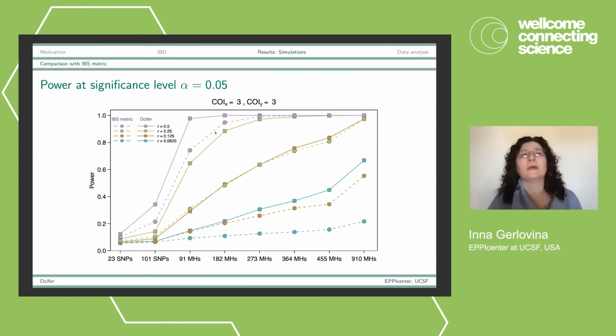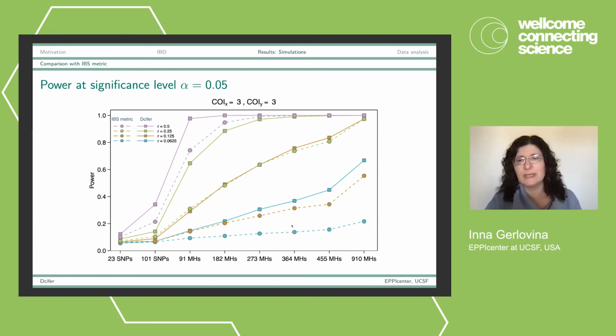Okay, and now we compare the power at a given false positive rate of 0.05. The colors here represent different true values of the parameter, starting from 1/16 and going to half. Dotted line is the IBS metric, solid line is Dcifer, and the x-axis is different panels: 23 SNPs, 101 SNPs, and then microhaplotypes going from 91 to 910.